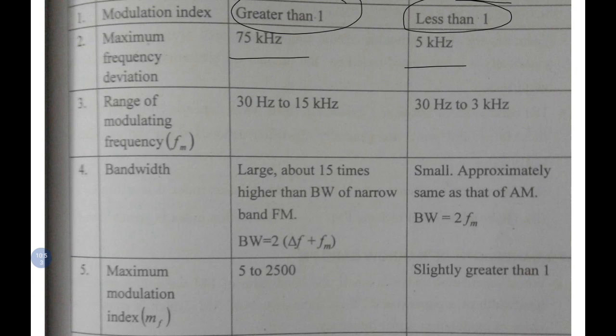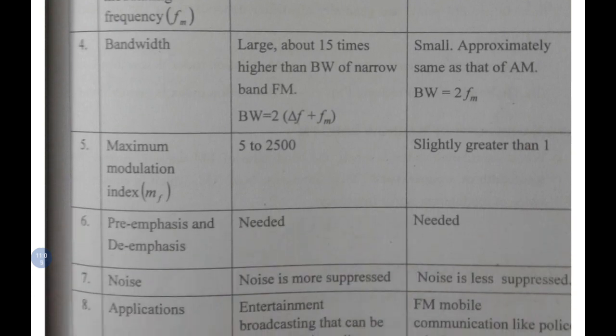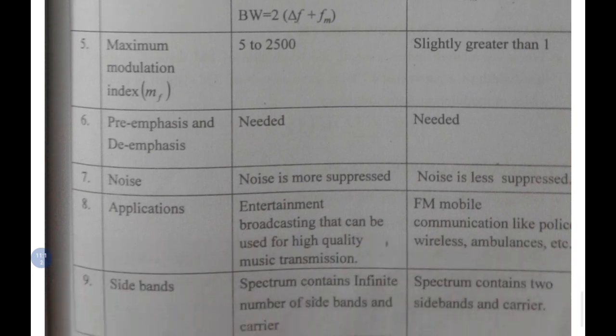Generally the wideband FM has 15 times higher bandwidth than narrowband. Already I have given the formula for this, so you can have a comparison. Pre-emphasis and de-emphasis are needed in both cases. In wideband FM the noise is suppressed more than in narrowband. In narrowband the noise is less suppressed.